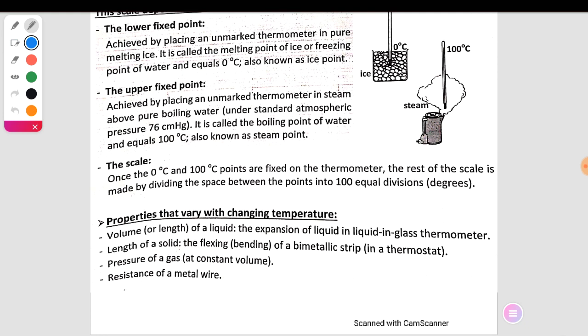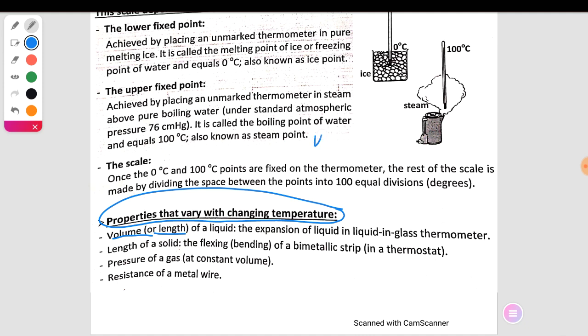What are the properties that vary with changing temperature? Number 1, volume or length. There is a difference between volume and length, but we use length as a measure of volume. Why?